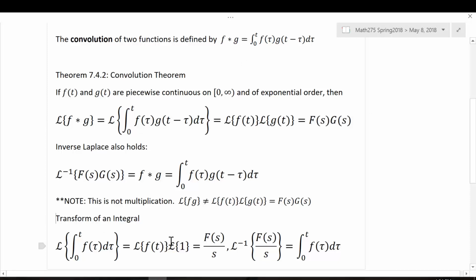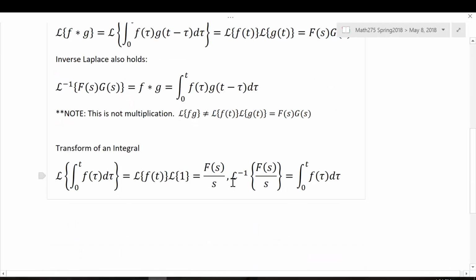There's one more that we didn't get to cover, and that's the transform of an actual integral. So here's a little bit of the new stuff. In case your differential equation has an integral in it, in which case it wouldn't necessarily be called a differential equation. It would be called an integral equation, or an integro-differential equation.